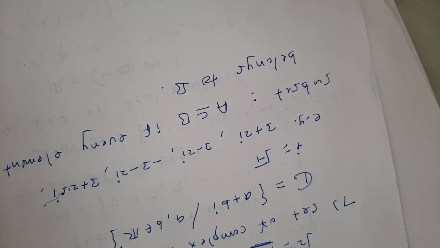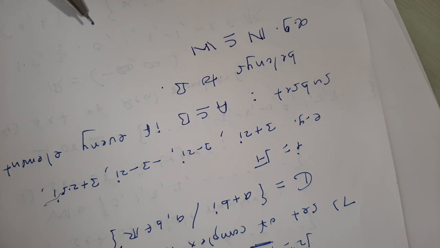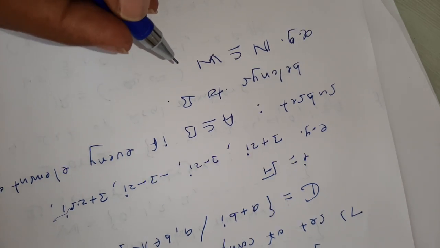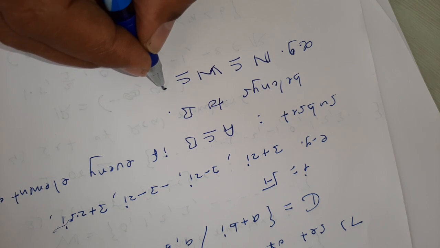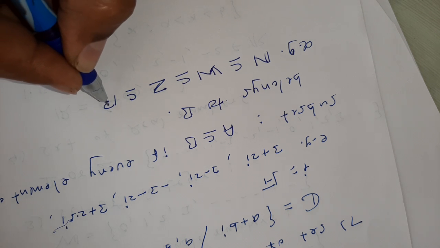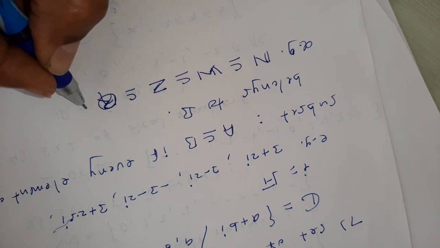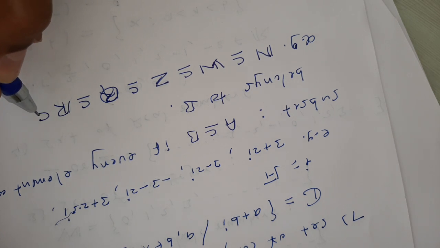For example, the set of natural numbers is a subset of the set of whole numbers, but the converse is not true: the set of whole numbers is not a subset of the set of natural numbers. The set of whole numbers is a subset of integers, then the set of integers is a subset of rational numbers, Q. The set of rational numbers is a subset of the set of real numbers, and the set of real numbers is a subset of the set of complex numbers.